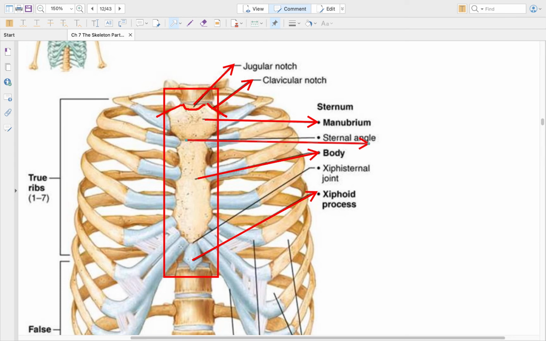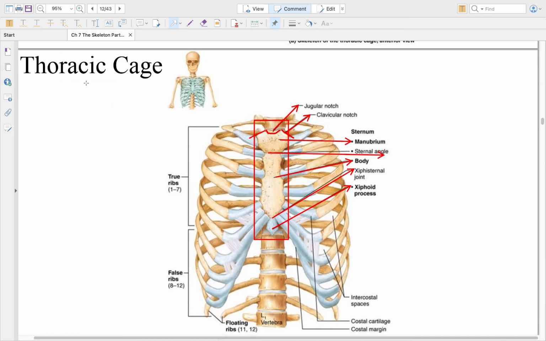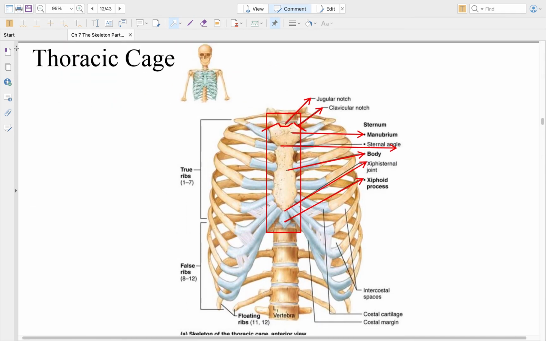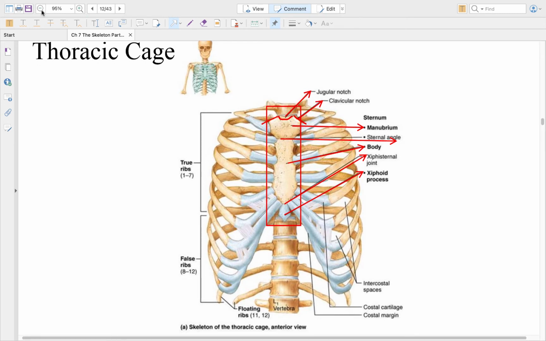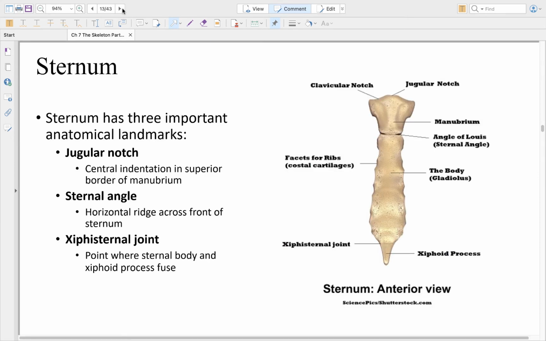Because the xiphoid process and body connect here, this is the xiphosternal joint. Okay, you definitely want to know all of those markings.